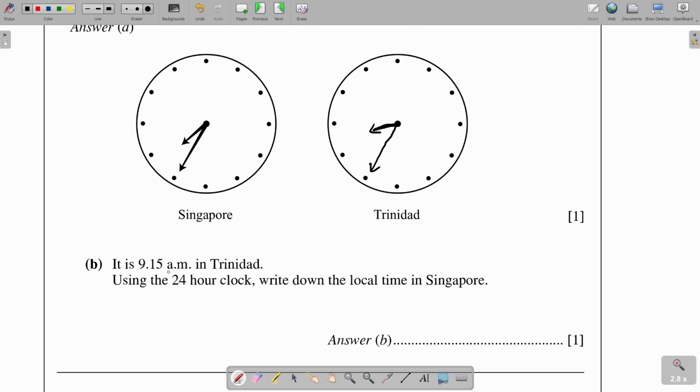Okay, so it is 9:15 a.m. in Trinidad. Using a 24-hour clock, write down the local time in Singapore. So to do that again, if it's 9:15 in Trinidad, all we need to do is take it 1 hour back and then 24 hours ahead, because it's 11 hours ahead, right? So 1 hour back to have it be 8:15, but because it's AM, hold up, which one is Trinidad?